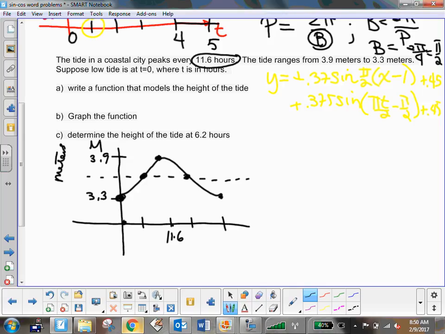Okay, so what is this really? 23.2. So it takes 23.2 hours to get back to where it was, right? Because it goes, it peaks, it comes back down, right?